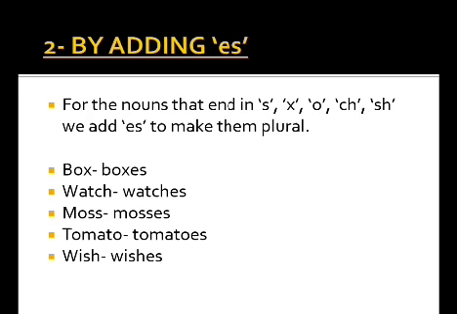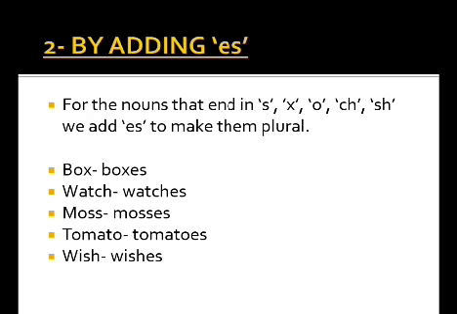Rule second, by adding es. For the nouns that end in s, x, o, ch, sh, we add es to make them plural. For example, box. Since box ends in x, we add es to form its plural.